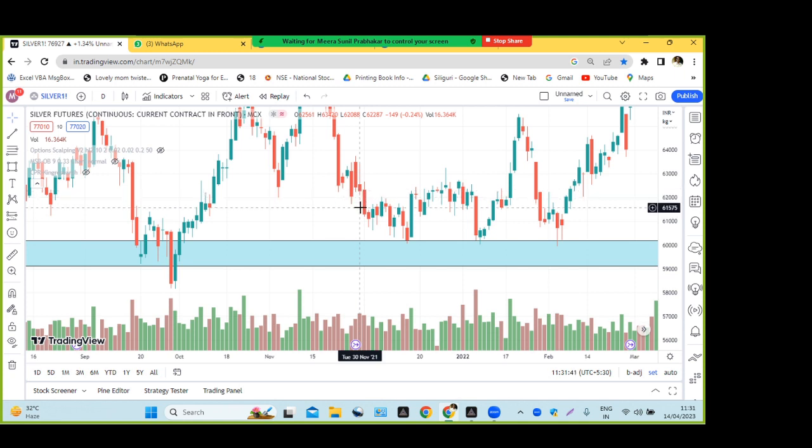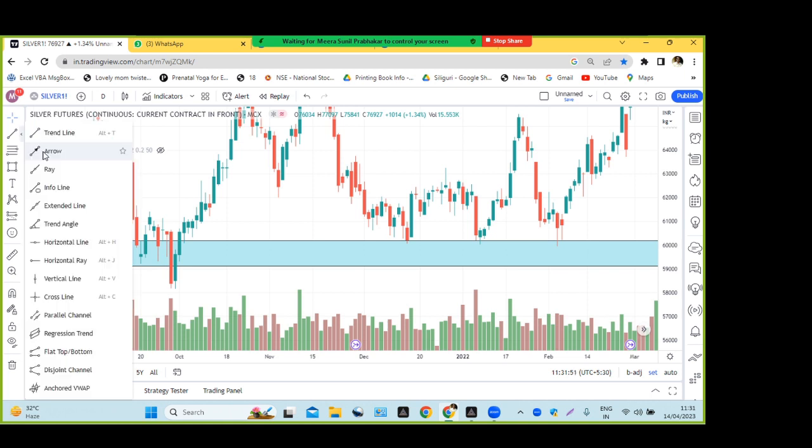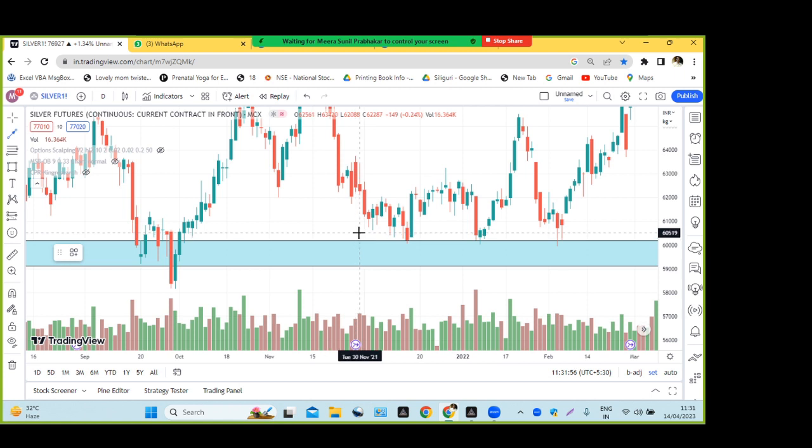November 30. If you see November 30, somewhere here, this one, this is a shooting star. Can you guys identify? I am creating an arrow. Keep trying to understand what exactly we are discussing over here. This will help you a lot.